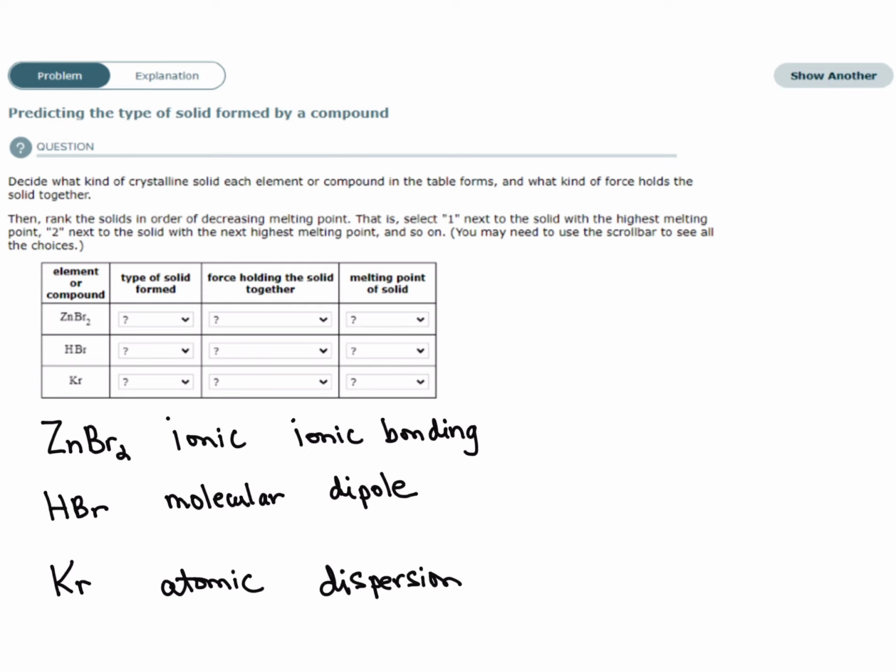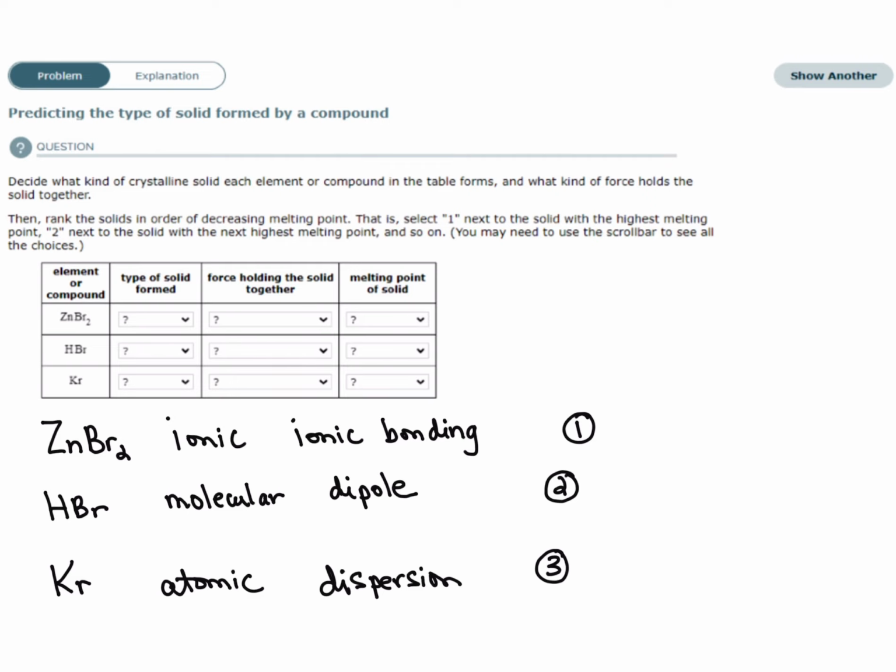The one that has the highest melting point would mean it has the strongest forces. So of these 3 forces, ionic bonding is the strongest. And between dipole and dispersion, dipole is the second highest, and dispersion is the weakest. So the weakest forces would have the lowest melting point.